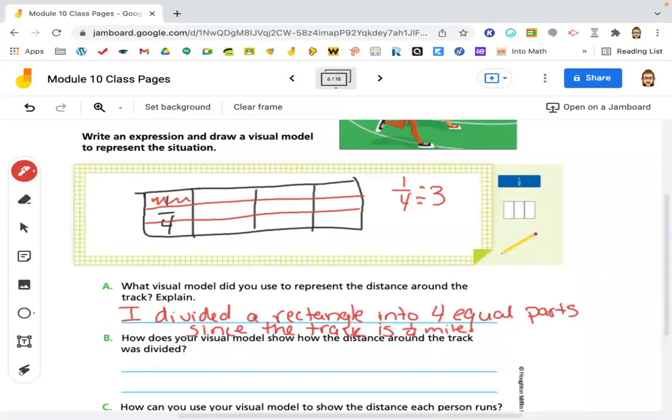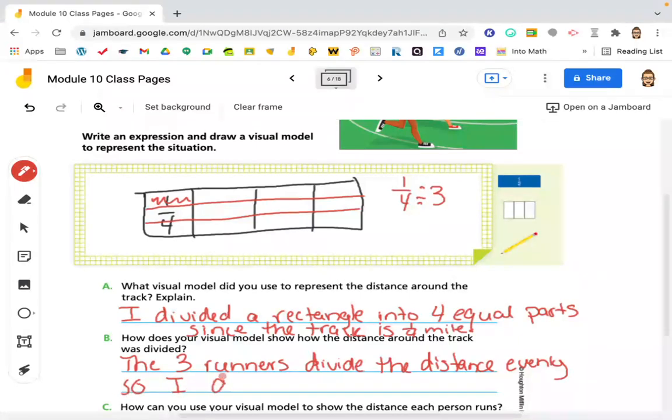How does your visual model show how the distance around the track was divided? Well, the 3 runners divide the distance evenly. So I divided the 4 parts into 3 equal parts.